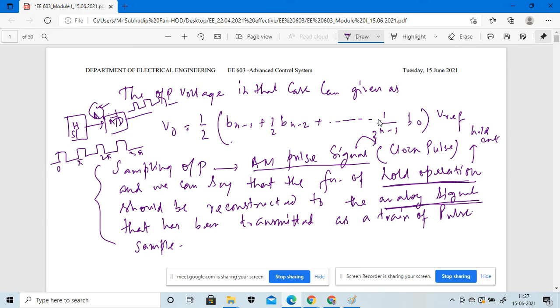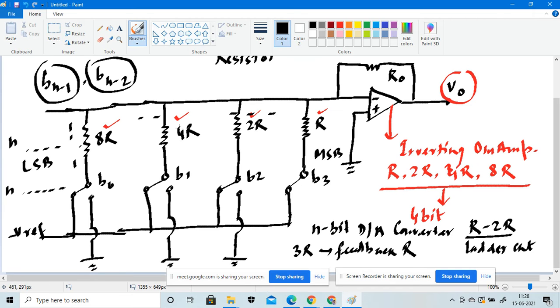It has a train type of structure, so it is called the train of pulse samples. This analog signal is converted into digital form, or a digital number of bits, and transmitted as a train of pulse using the A to D converters. This is the illustrated view of A to D converters.